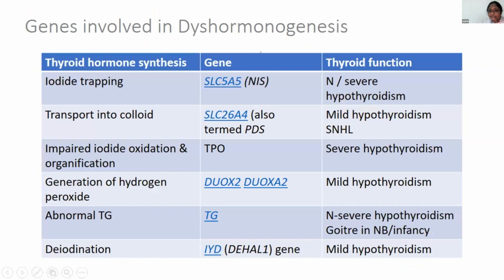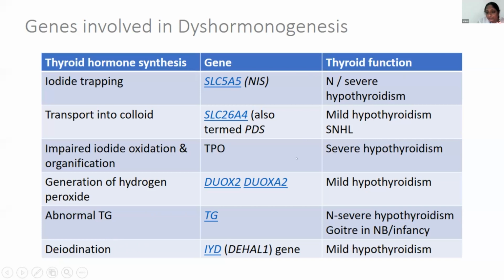And also in dyshormonogenesis, as I told you, for thyroid hormone synthesis there are several steps, and each step is mediated by a gene. Depending on which gene or which step is affected, from iodide trapping to transport to impaired iodide oxidation, organification, and deiodination, all these steps, based on the gene, we can expect a degree of hypothyroidism.